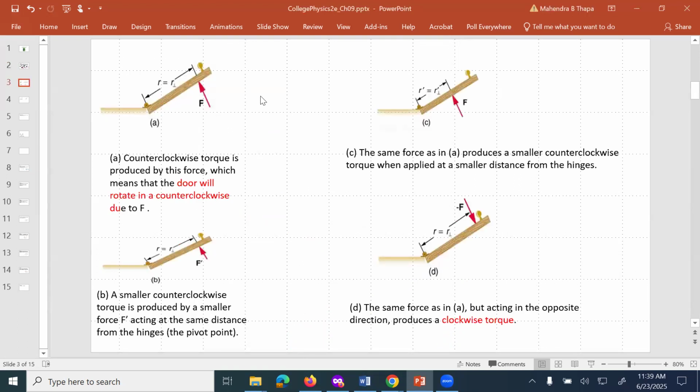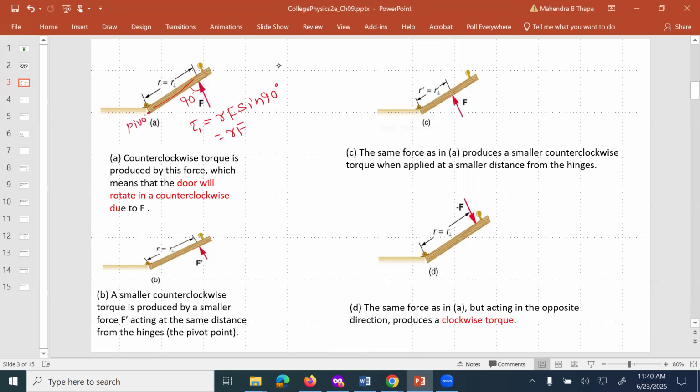Let's consider a few examples here. In this figure A, we can find the torque equals R, this distance given here is R, and the magnitude of force is F, and this angle is perpendicular 90 degree, so sine 90, so that equals R times F. Okay, so clearly this force is about this pivot point.